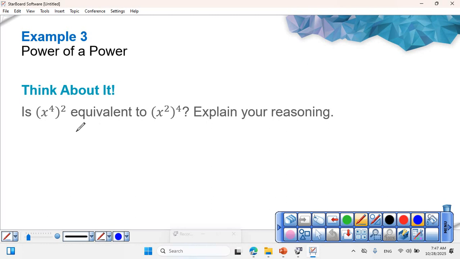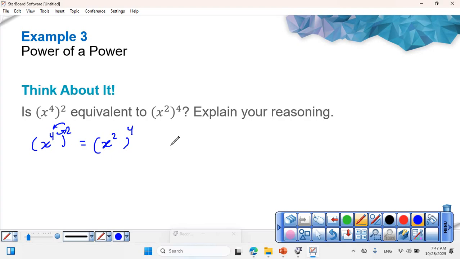Here, x to the power 4, to the power 2 equals x to the power 2, to the power 4. We can swap between 2 and 4 because multiplication allows us to do that.